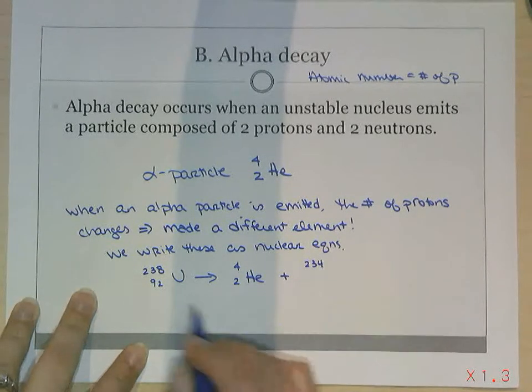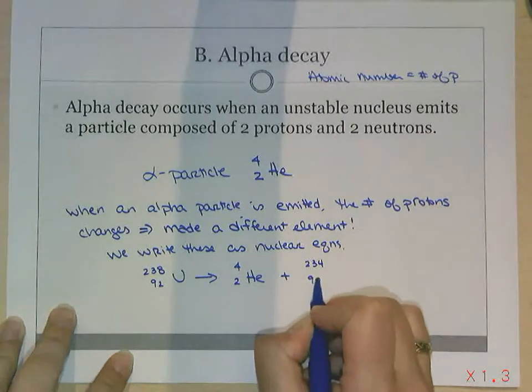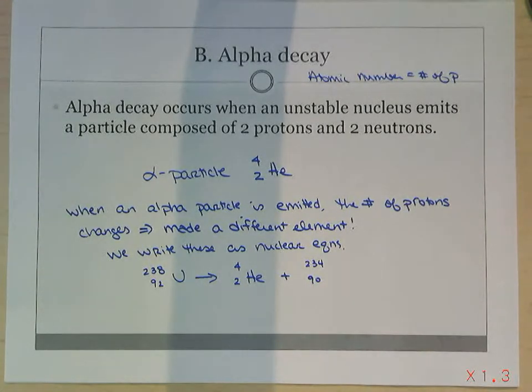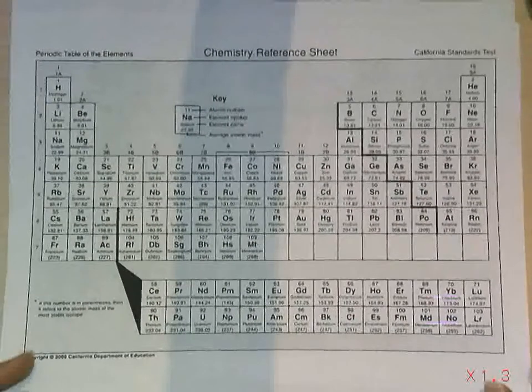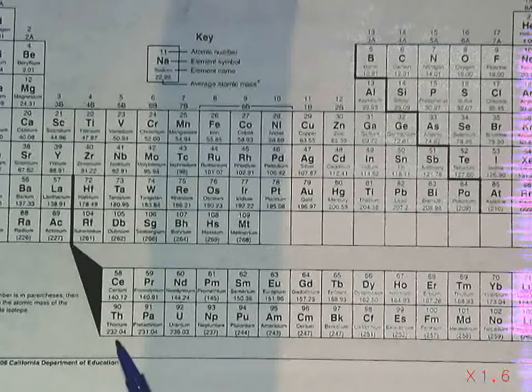And what will happen to my atomic number? It'll be 90. So then we go to the periodic table. What is element 90? This guy over here, thorium.